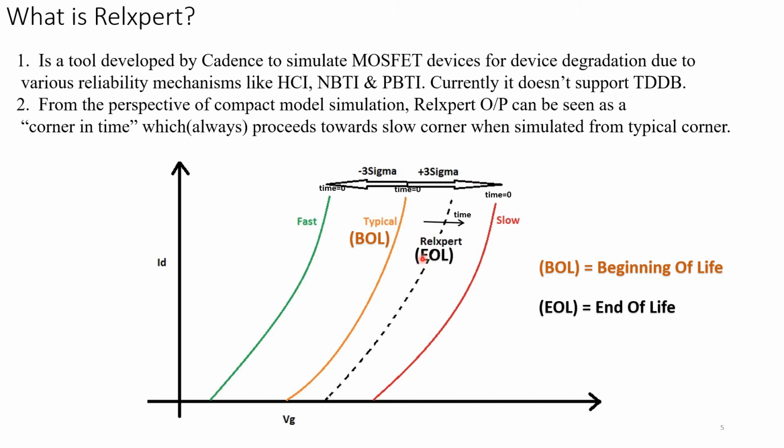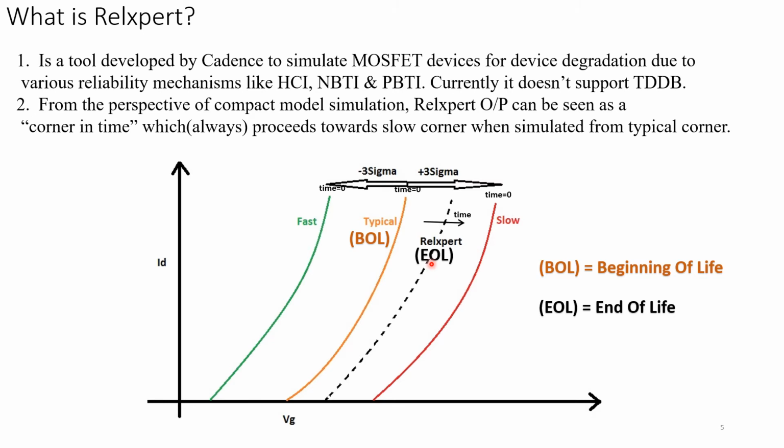Then you can create another model, a sub-circuit model, in which I model the degradation in the threshold voltage due to HCI, NBTI and PBTI, and the degradation in the current due to HCI. Then I can do a combined simulation of all those phenomena and create this black curve, which I will call the end of life simulation.